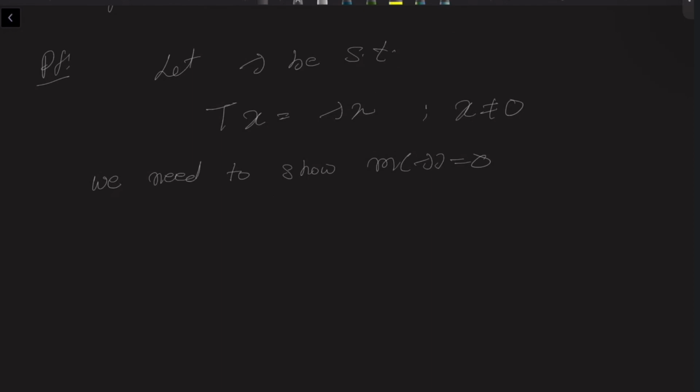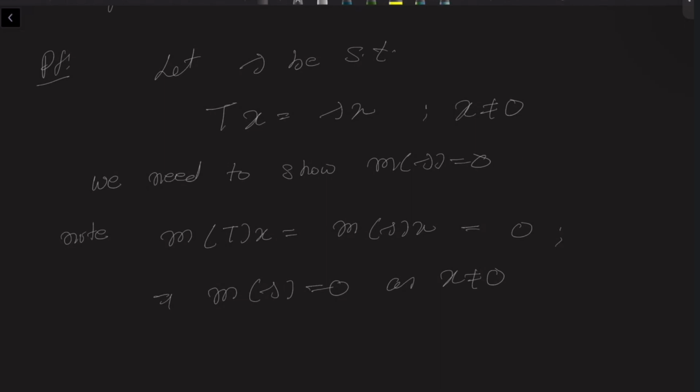Now note what is m of t x. M of t x is nothing but m of lambda x, and which is 0, and that implies that m of lambda equals 0 as x is non-zero, because x is an eigenvector and eigenvectors cannot be 0.